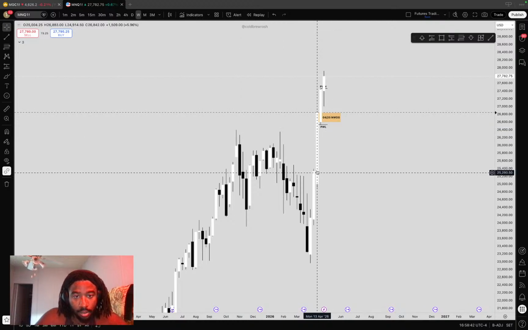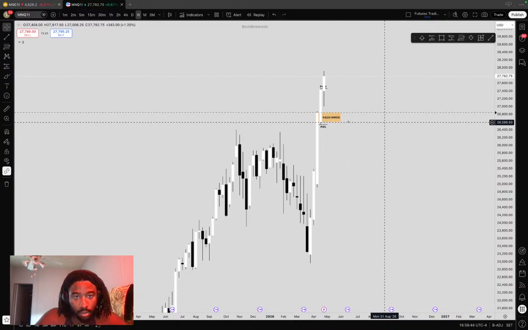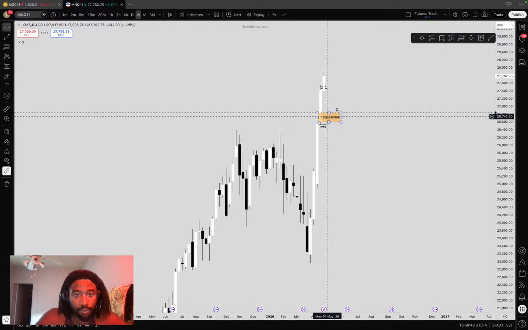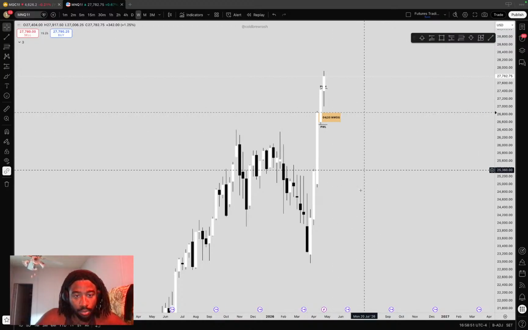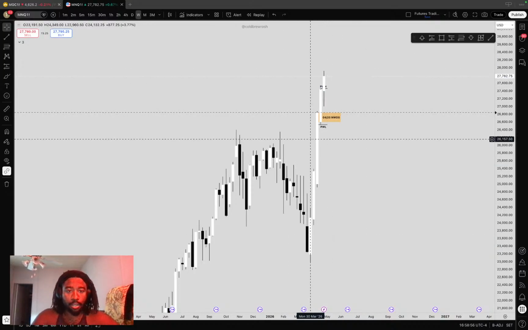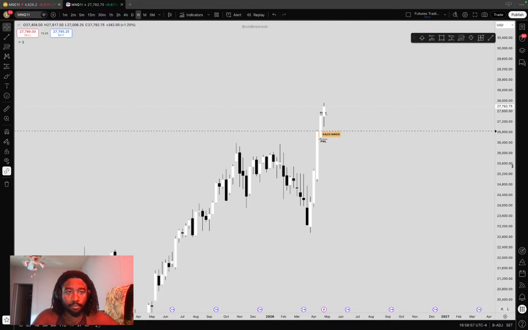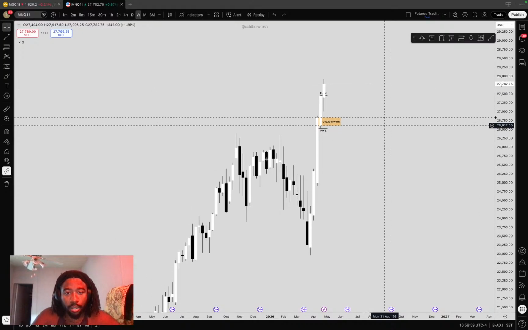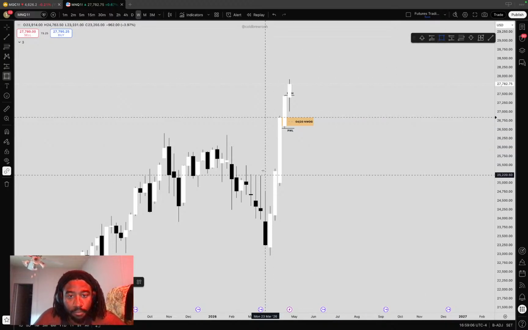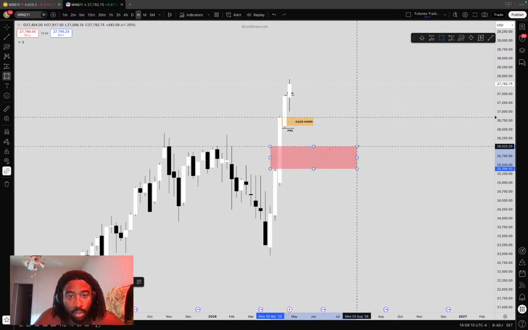So that's a potential area that we could see us fade back into before we push up, or fade back into before we just continue to drop down even faster. But the way this market looks, it's just pointing upward. So trade with the market. I'm personally not trading this. This weekly range is absolutely huge.